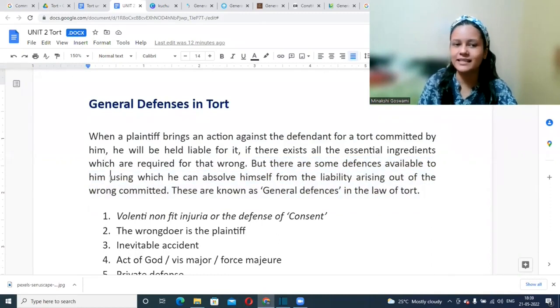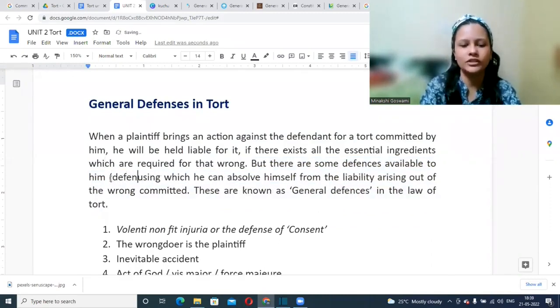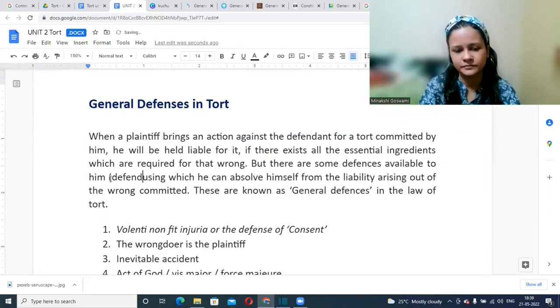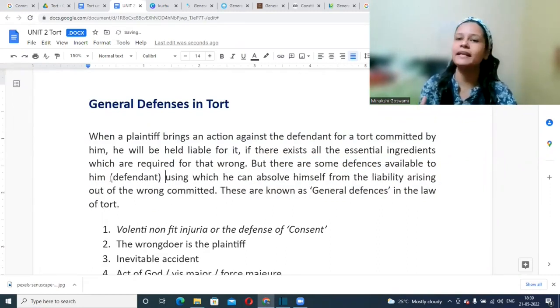The defendant can try to escape the liability arising out of the wrong committed. Even though the wrong has taken place, he can try to escape it. These are what we call general defenses or exceptions.